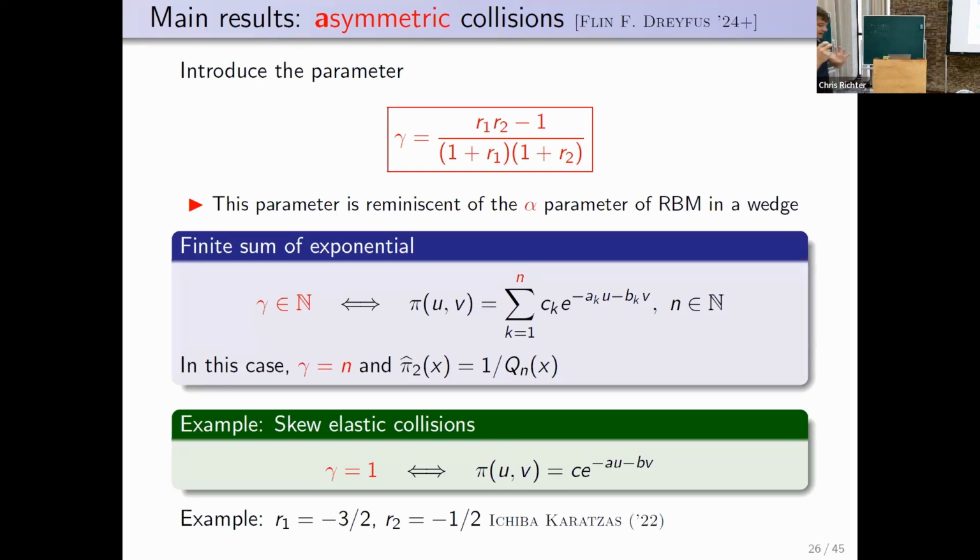And I will have several results. So for example, if gamma is a positive integer, the density of the invariant measure will just be a finite sum of exponential. And the n will be equal to gamma. So this is really simple and really beautiful. And for example, there are skew elastic collisions for gamma equal 1.